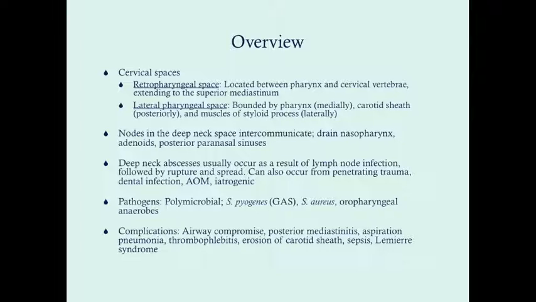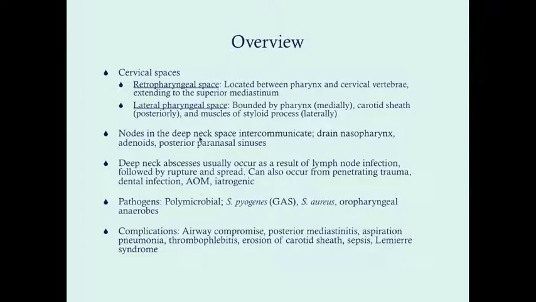Other definitions I've seen will tell you that the superior border is going to be the base of the skull, roughly the sphenoid and temporal bone, with the medial border, again, being the pharynx, the posterior border, again, being the carotid sheath, and then the lateral border, I've heard it described as the digastric muscles, styloid muscles, medial pterygoid muscles, parotid gland, the ramus of the mandible, but roughly you're getting the same area as described here. And like I said, keep in mind that the retropharyngeal space does communicate with the lateral pharyngeal space.